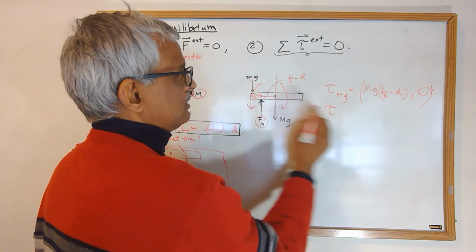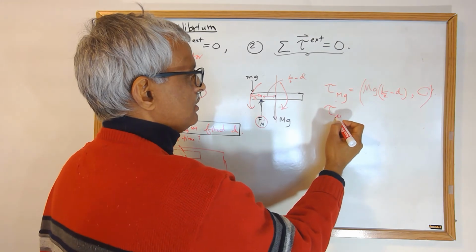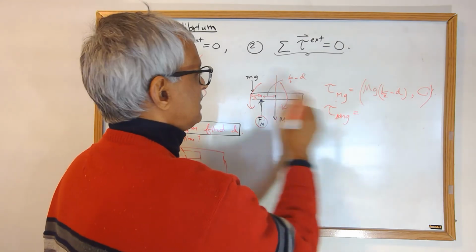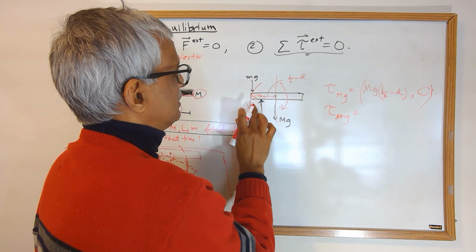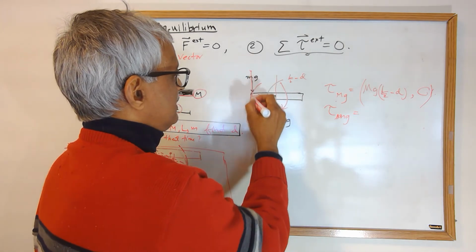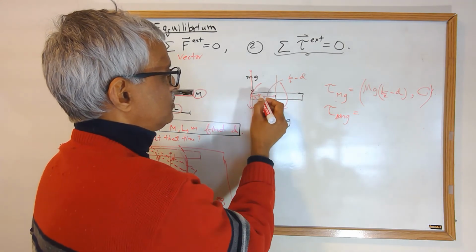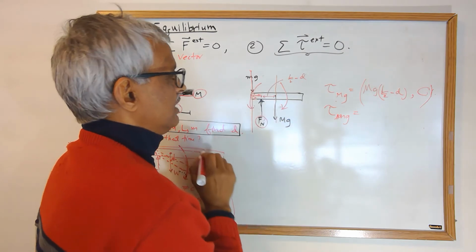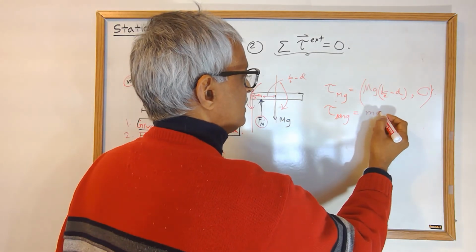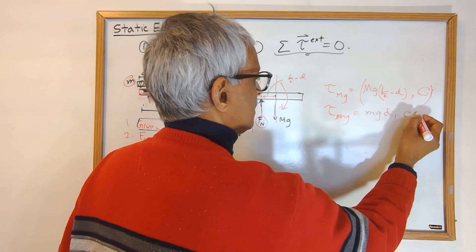For the little mg, the lever arm is d, so little mg times d, and this is counterclockwise.